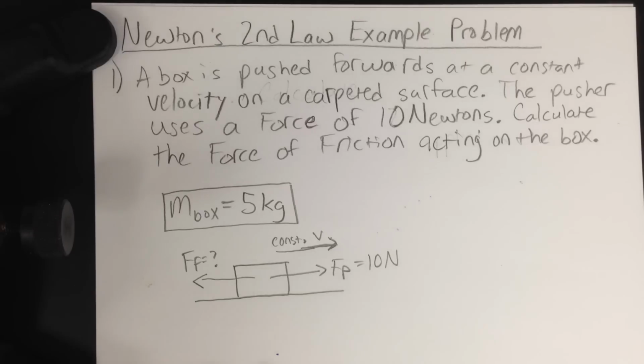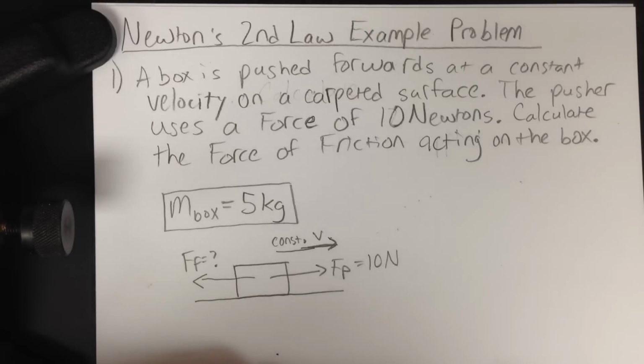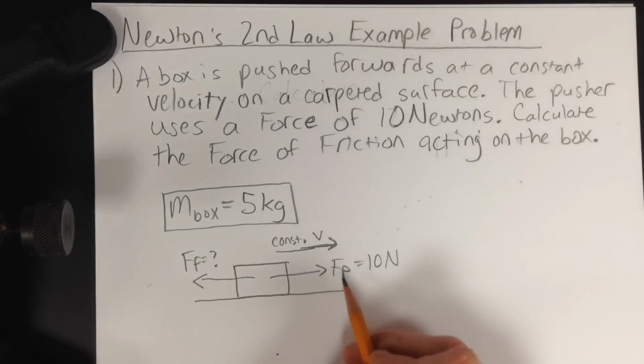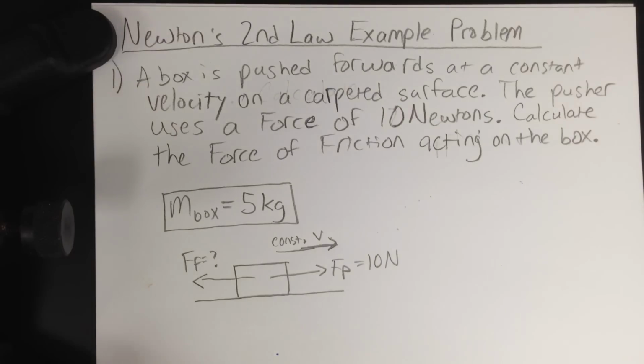So now that we've drawn our force diagram, I just want to point out a couple things. Every force gets a letter F, whether you know the number for it or you don't. So if you know that the push is 10 newtons, don't just write 10 newtons. Write FP equals 10 newtons. Then you have a full force diagram. If you don't know the force of friction and you're trying to solve it, don't not write it on the box.